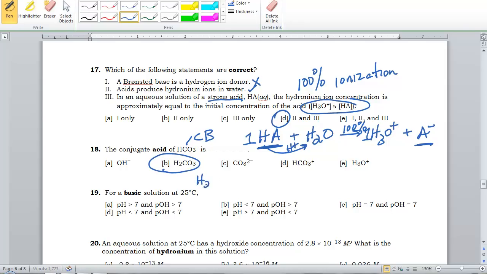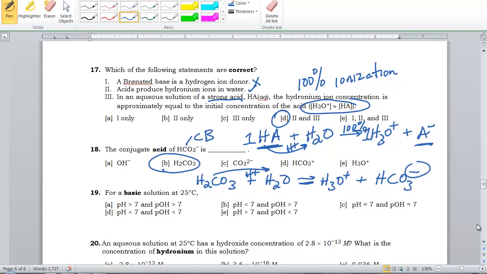So that would be H2CO3 functioning as an acid, donating an H+. When it does so, we produce hydronium. And what's left behind, HCO3 minus, because we lost an H+, we'll have a negative charge. That is its conjugate base. So when the acid donates an H+, we are left with its conjugate base. All right, so make sure you can differentiate those.